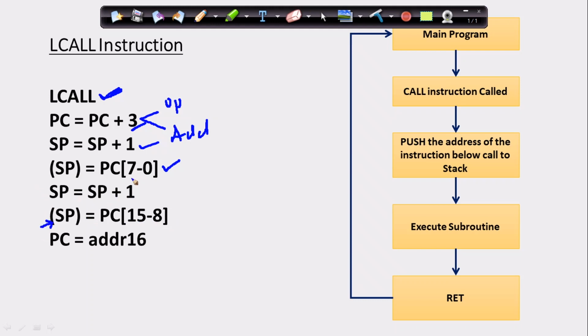Why only 8 bits are pushed at a time: as we said, the stack pointer's default value is 07 hex, pointing to the first location, register 0 of bank 1. We studied all this in our previous class. Since we have a 16-bit or 2-byte address, the lower byte is stored first and the higher byte next.